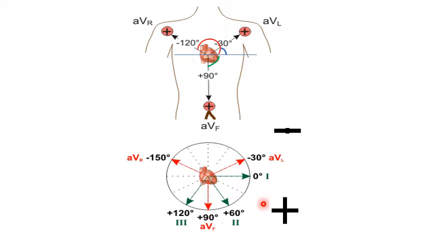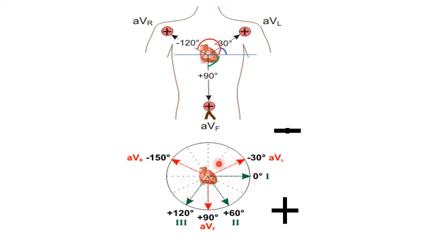So we can put all these 6 leads together, the first 3, lead 1, 2, and 3, and the AVL, AVR, AVF together, and you will see how they relate to each other in this graph.